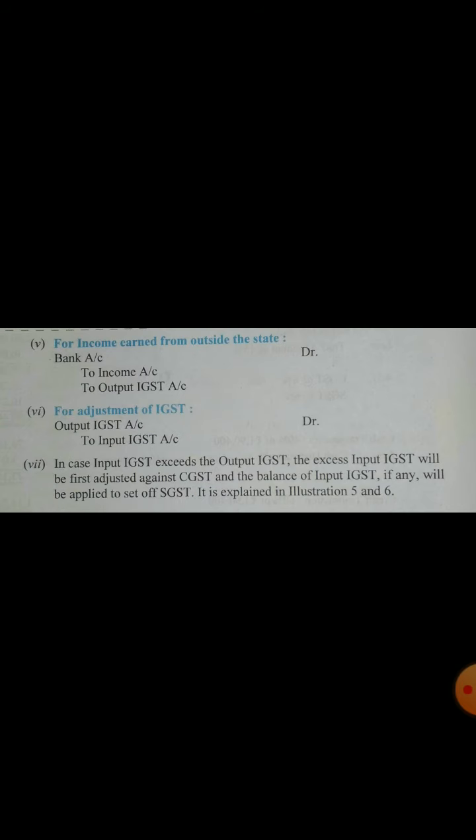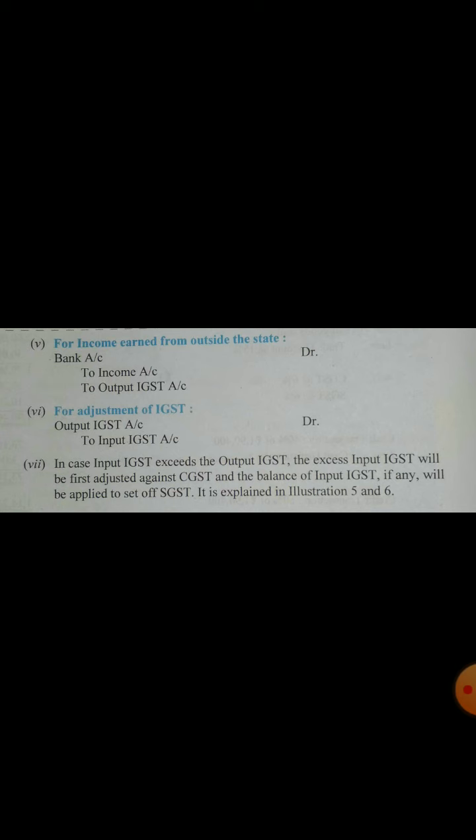Similarly, for any income from outside the state: Bank account debit, to Income account, to Output IGST account. For adjustment of IGST at last, Output IGST account debit to Input IGST account will be made, and finally the balance will be transferred, and then that amount will be paid to the government.